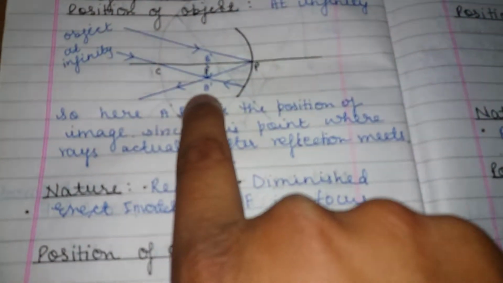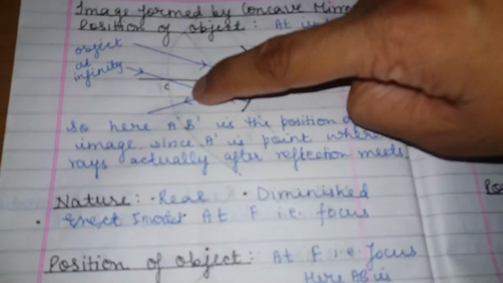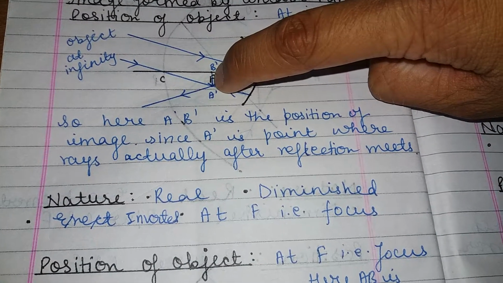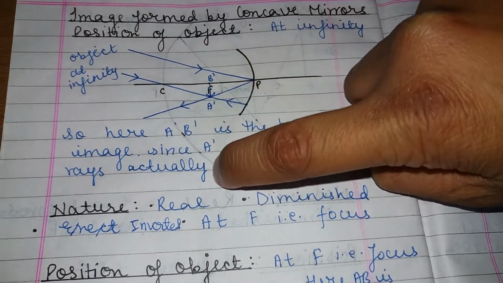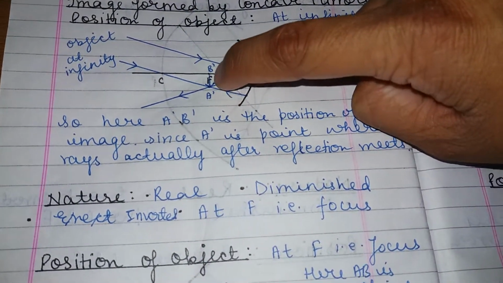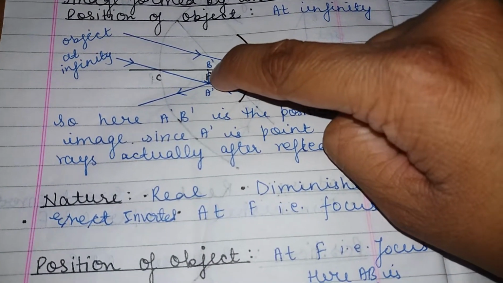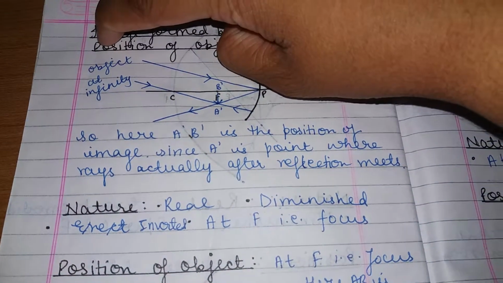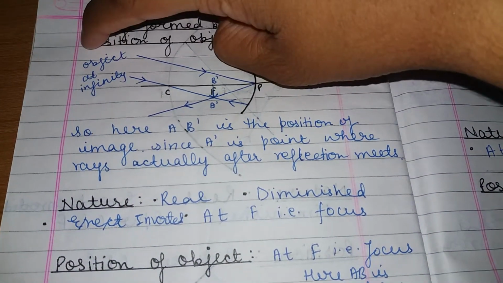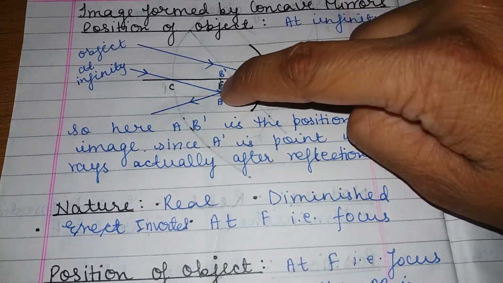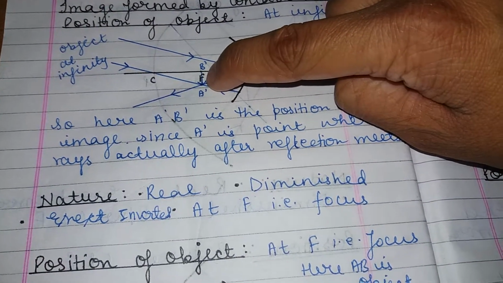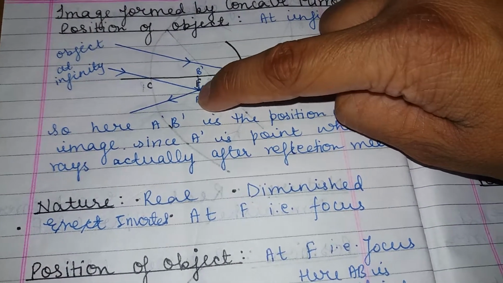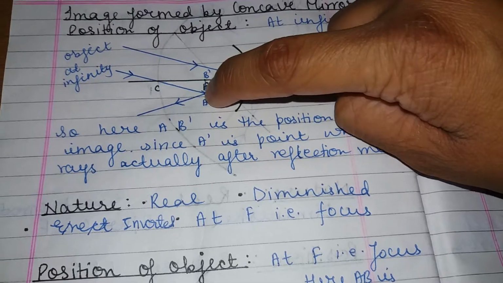It is inverted, as you can see the image is formed in the below direction and the object position is in the forward direction, so the image is inverted, and the image will form at the focus, that is point F.